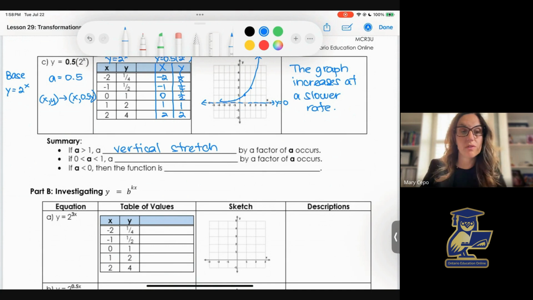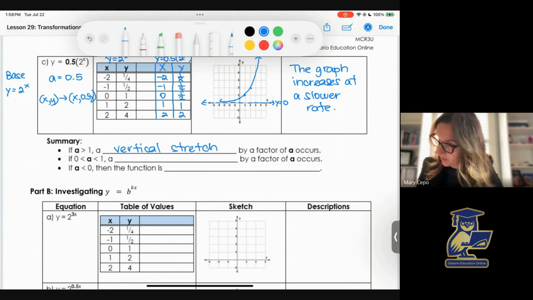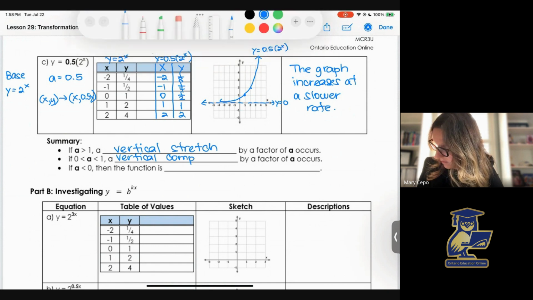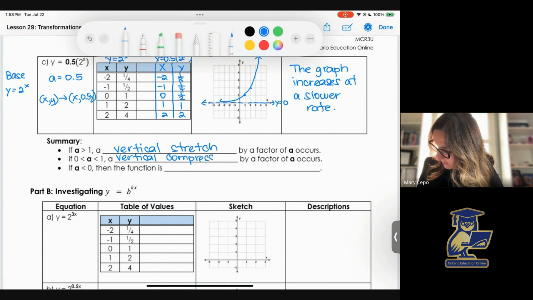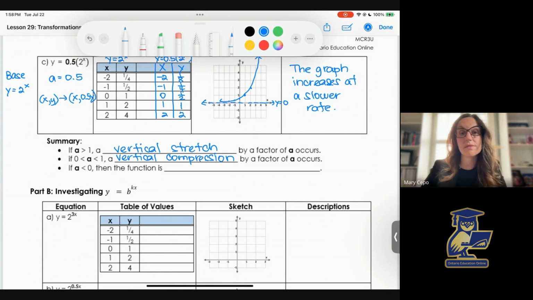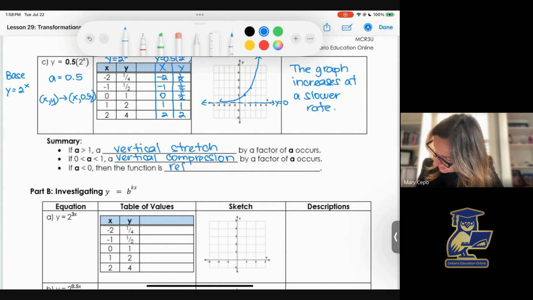If, however, the value of a is greater than 0 but less than 1, that would be a vertical compression, and we see then the graph increases at a slower rate. If, however, a is negative, so less than 0, then the function is reflected in the x-axis.